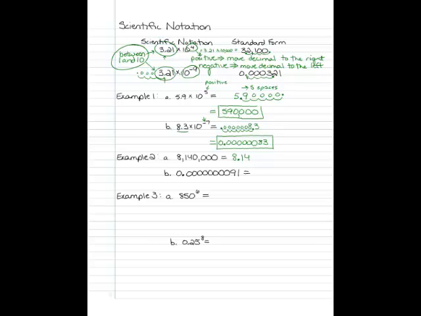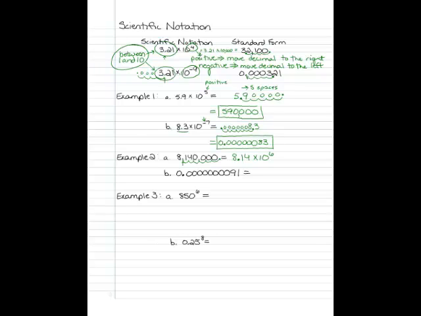We want the decimal point to be in between the 8 and the 1. So it was initially out here at the end. We want to see how many spaces we need to move in order to get it between the 8 and the 1. So we need to move 1, 2, 3, 4, 5, 6 spaces. So this is going to be 8.14 times 10 to the 6.